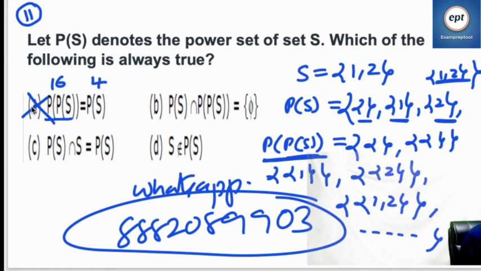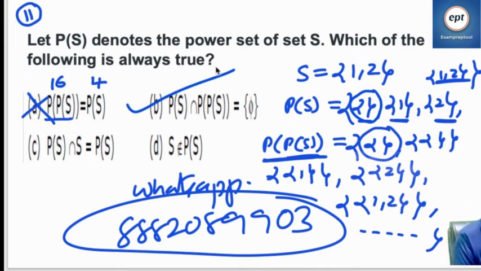So A cannot be correct. Next, the power set of S and the power set of the power set of S: the common element is phi. So that one is correct.